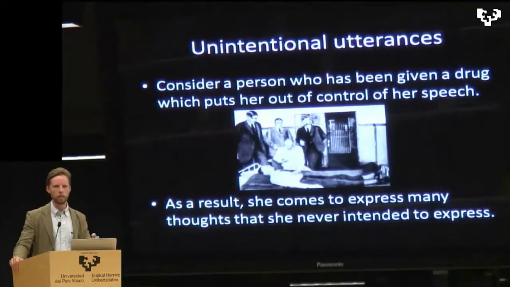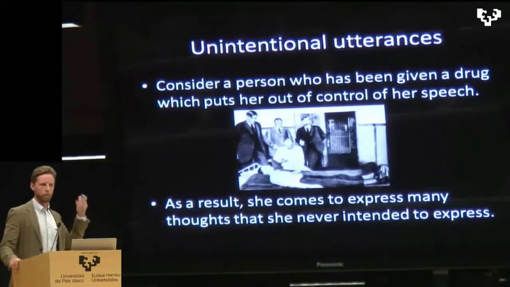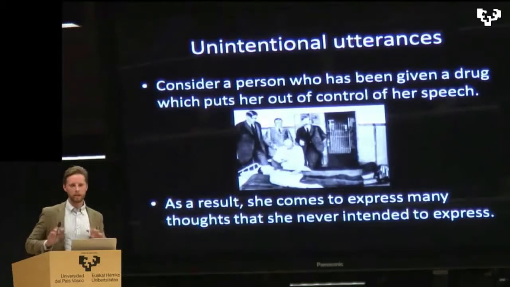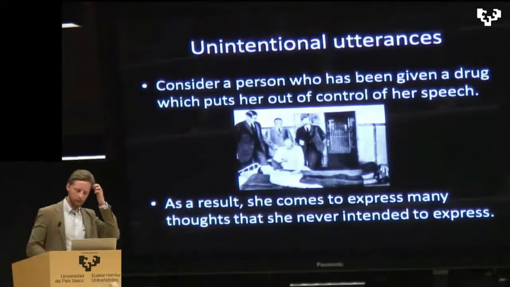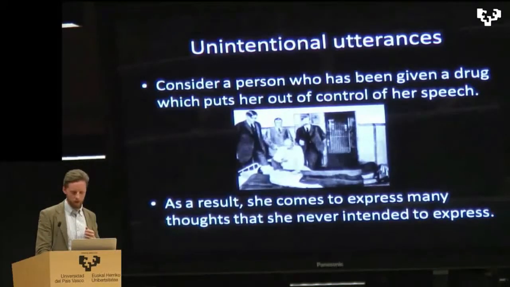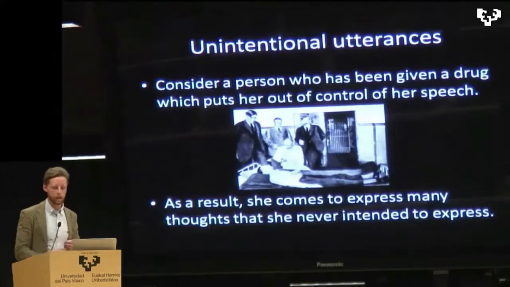But by hypothesis, the speaker doesn't intend to express anything; it just happens. One might think that this truth serum exploits some more basic cognitive structure within the speaker's mind, because she still uses language here as if she intended, as in the cases where she intends to express things. It's just that the intention is lacking.